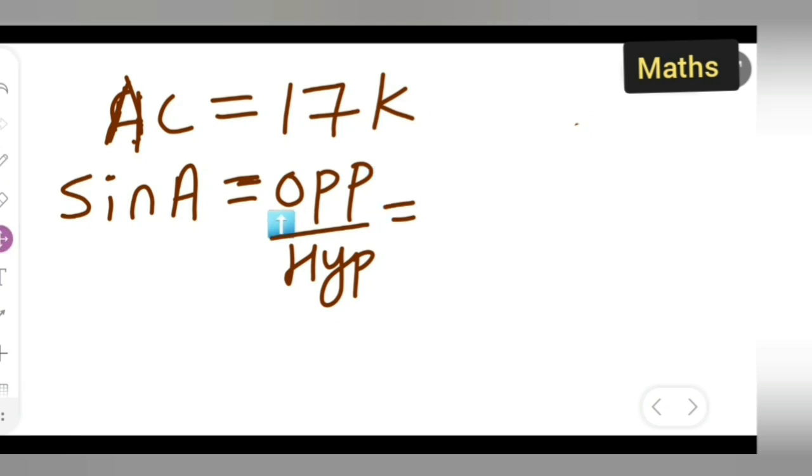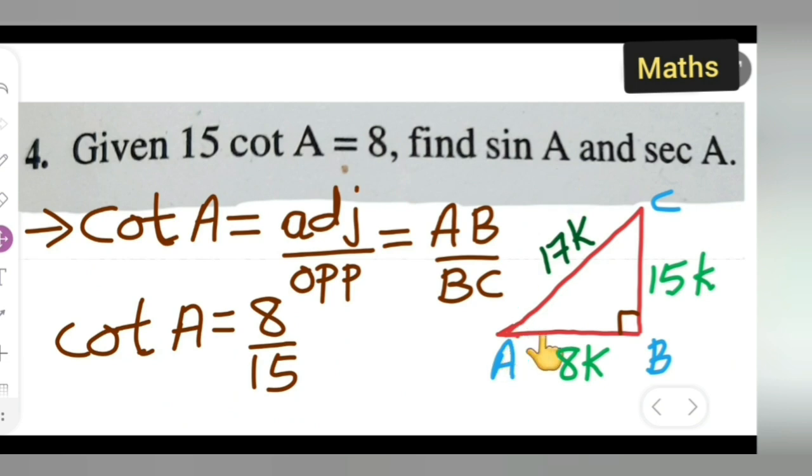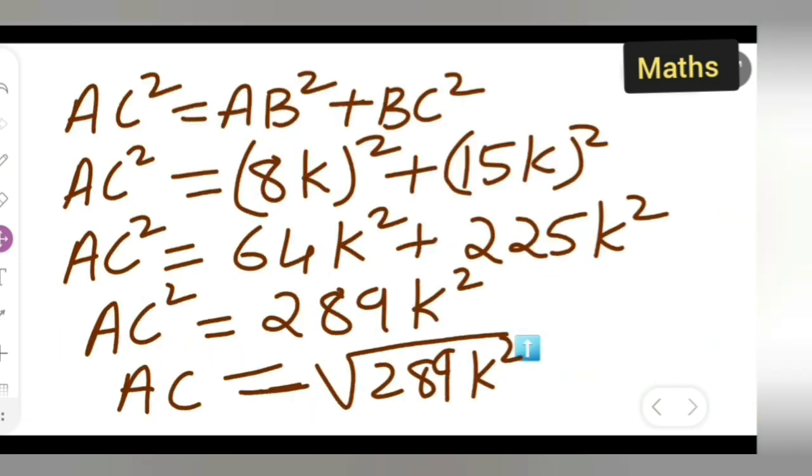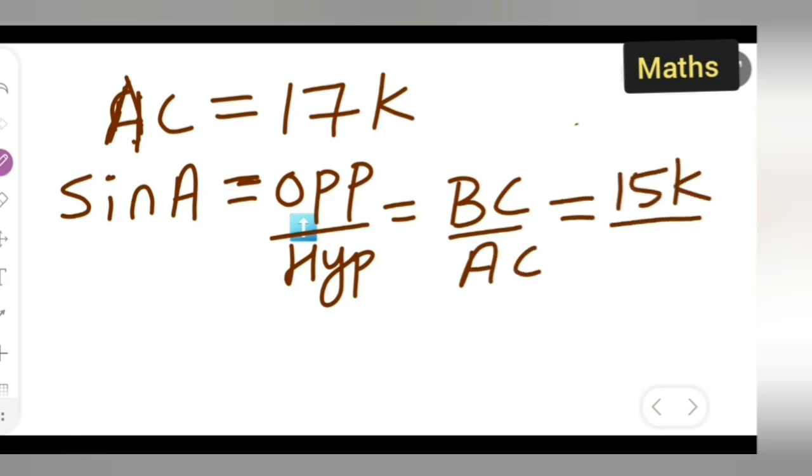Let us see, opposite of A is what? Opposite of A is nothing but BC and hypotenuse is AC. So BC upon AC. So write down BC upon AC, and BC is nothing but 15k upon AC is nothing but 17k.